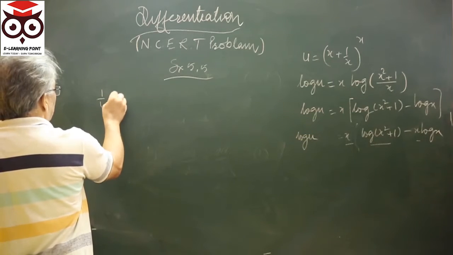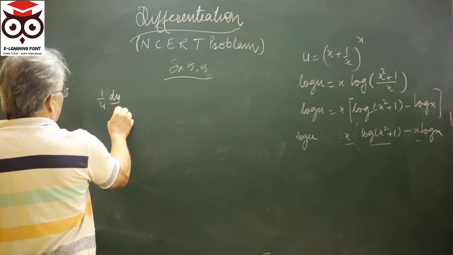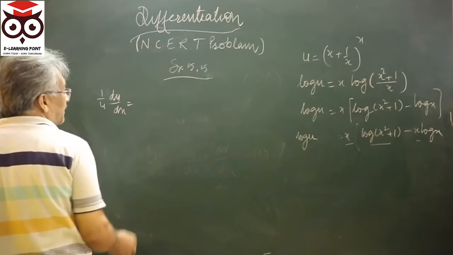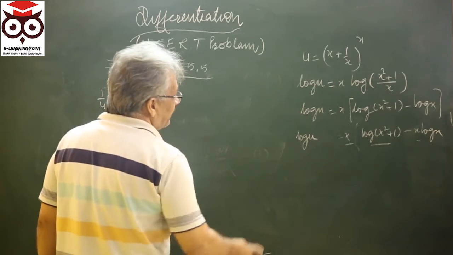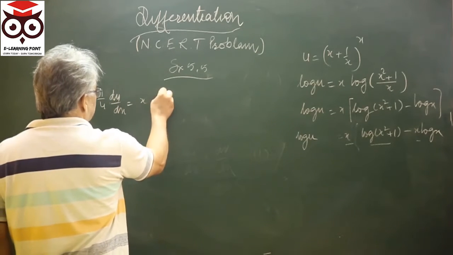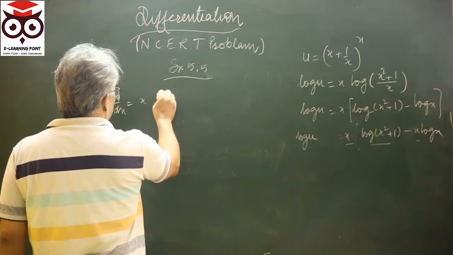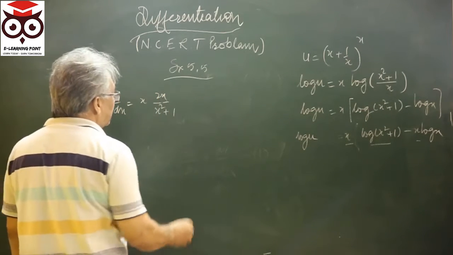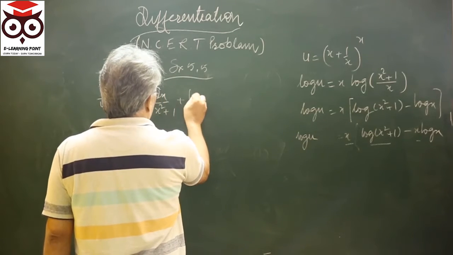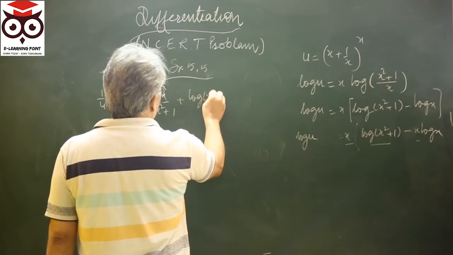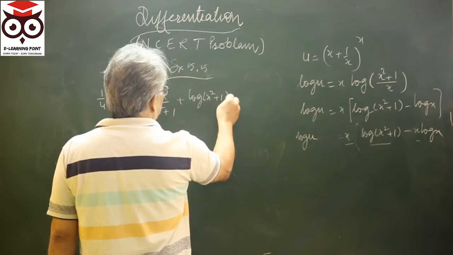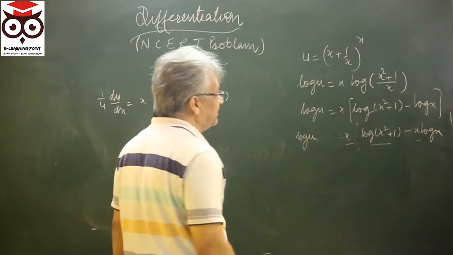This is 1 by u du by dx. Now first function as it is, second one's differentiation is x square plus 1. This is equal to 2x plus log (x square plus 1), and the differentiation of x will be 1.